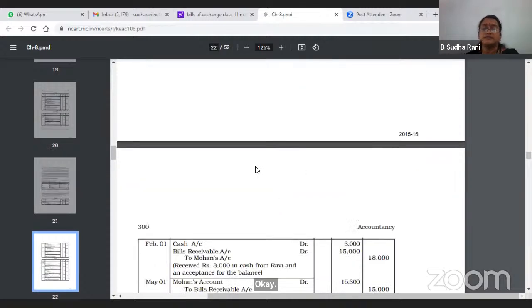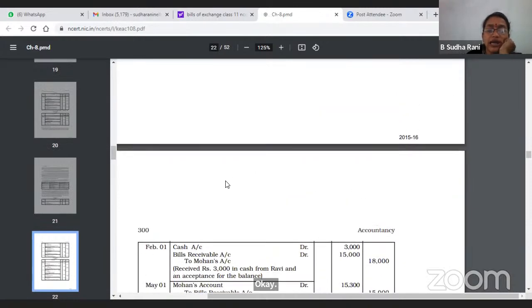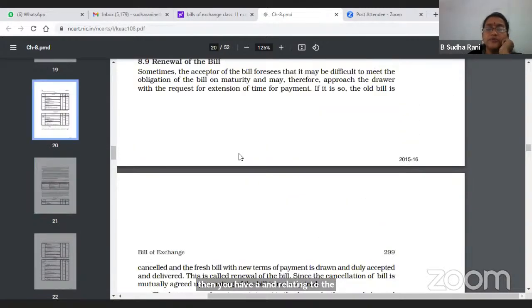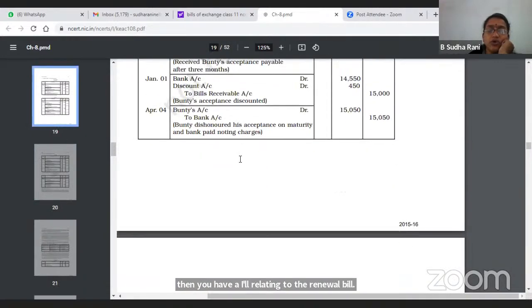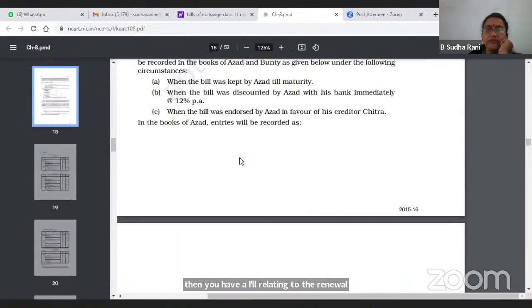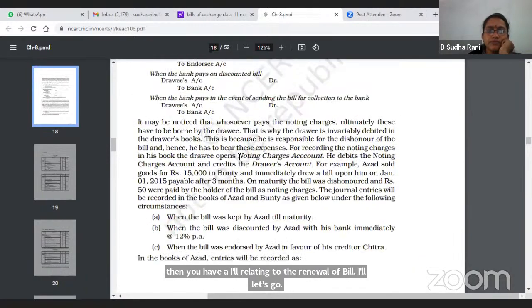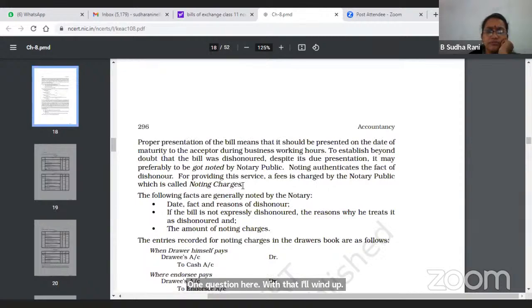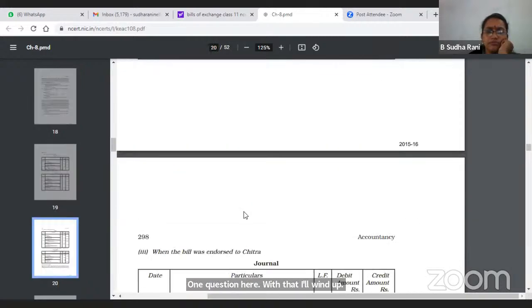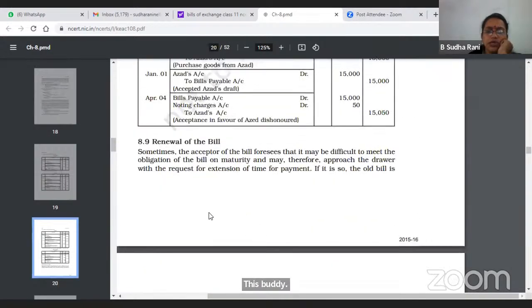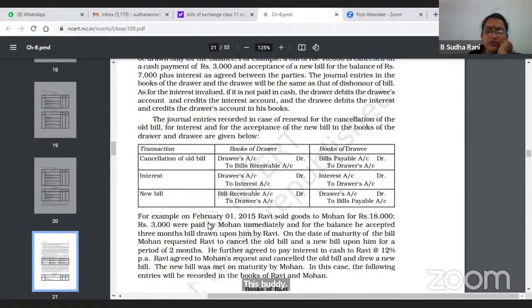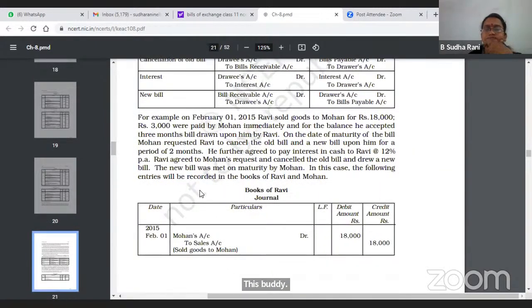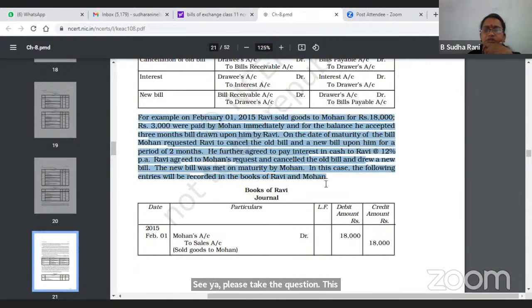The next, renewal entry, relating to the renewal of bill, let's go through one question here. With that, I'll wind up. This is for renewal. Renewal of the bill. Let us take a question. See here. Please take the screenshot of this question.